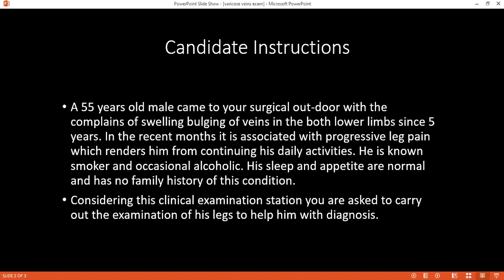I will expose. Can you take off your gown and keep your shorts on? Afterwards I will position the patient in a standing position. Then I will start with an inspection.